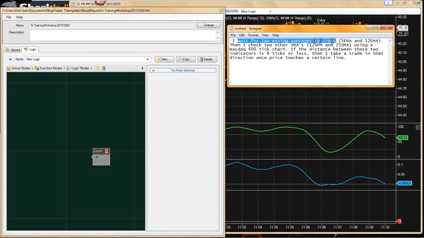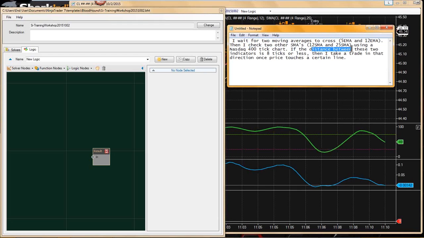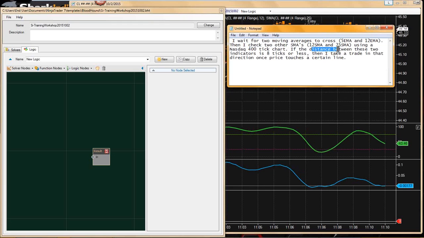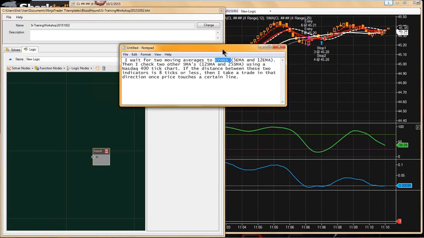And then after that cross, we're going to check the two SMAs to see if they're within a certain distance of each other. So this word cross really isn't the way it's going to be done in BloodHound. So we're not going to use a crossover solver for this, right?